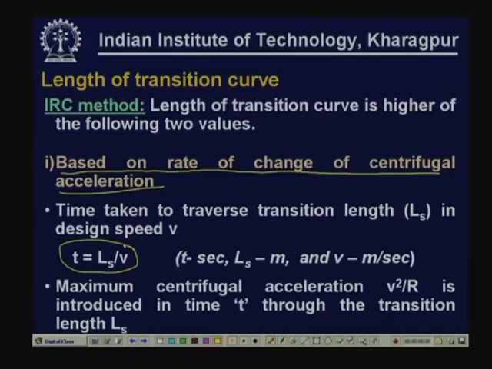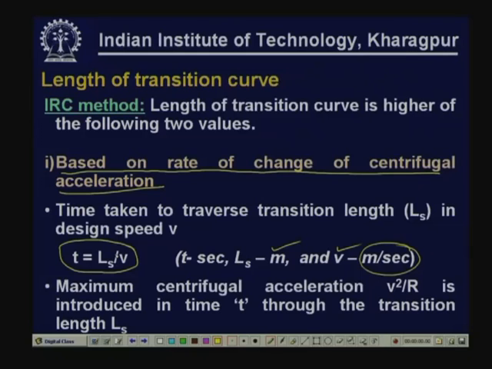Now, t is in seconds if Ls is in meters, that means the length of the transition curve is in meters, and the speed of the vehicle is in meters per second. So, if V is in meters per second and Ls is in meters, then the time taken to traverse the transition length Ls is t equal to Ls by V.